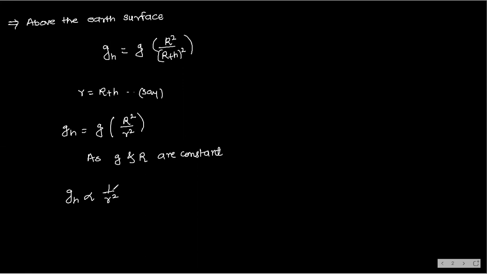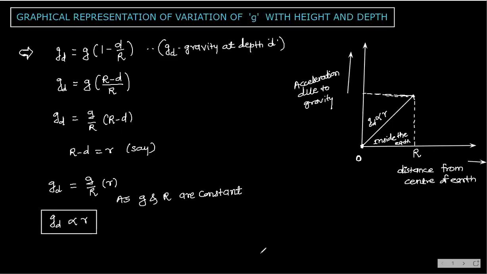So therefore, if we go back to the graph, what happens from here? As you are on the surface of earth and as you are going above and above the earth surface, your graph will be something like this, which is decreasing. As you are going above the earth surface, gravity decreases.